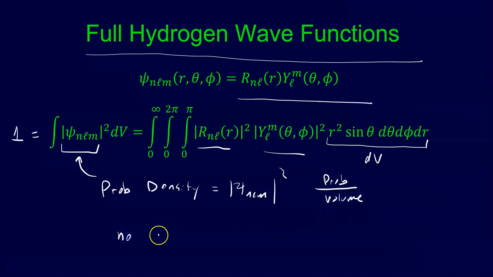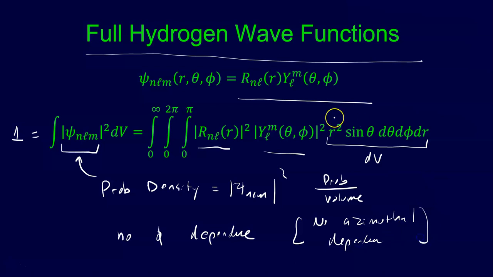Now, one thing to know, I think we've mentioned this, but there is no phi dependence, which you'll also sometimes see as no azimuthal dependence. So when you take the absolute square of the psi LM, the phi part cancels out completely. So just keep that in mind. A lot of the pictures and visualizations we'll have will reflect that.